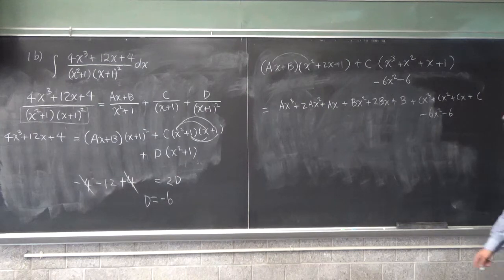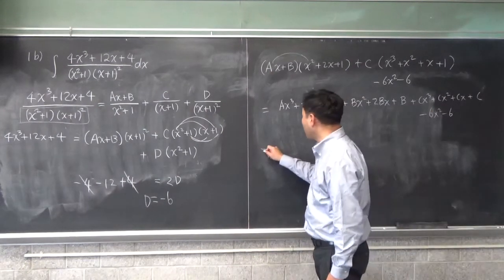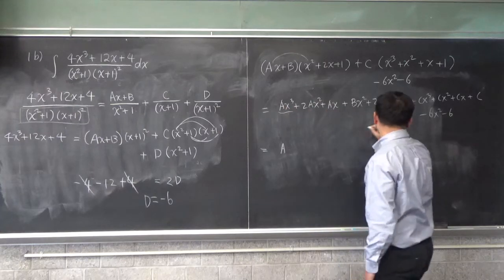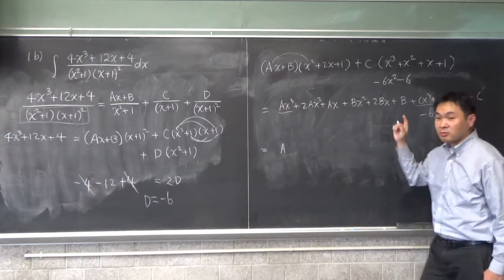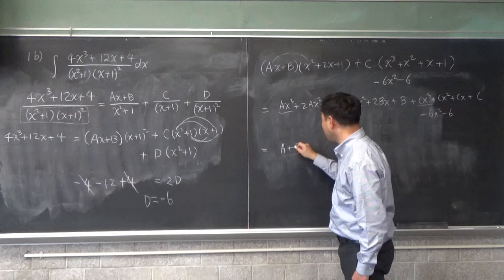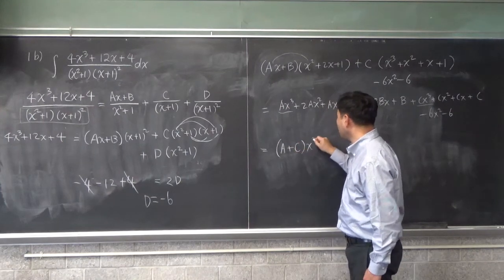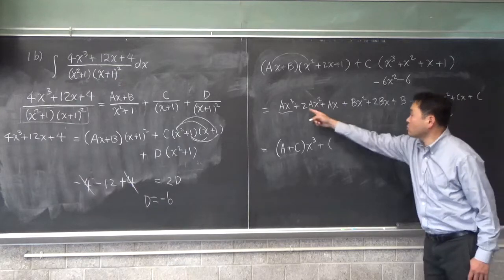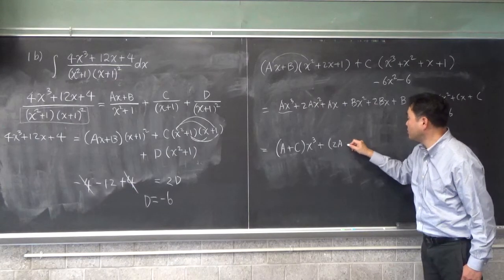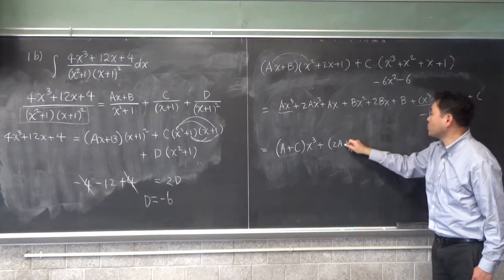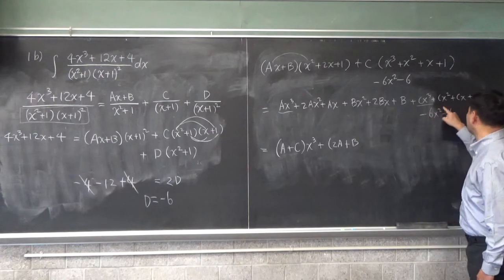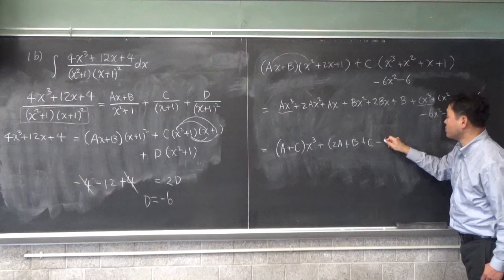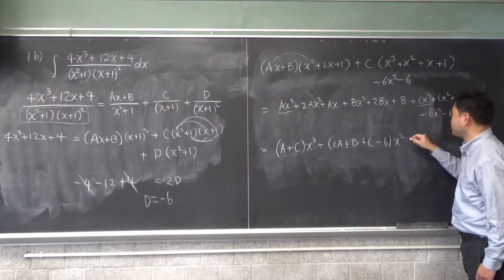And then you want to organize by powers of x. x cubed is here and also here, so if you combine them, this is a plus c times x cubed. Let's look at x squared. There's a 2ax squared, and there's a bx squared, and there's a cx squared, and then minus 6x squared.